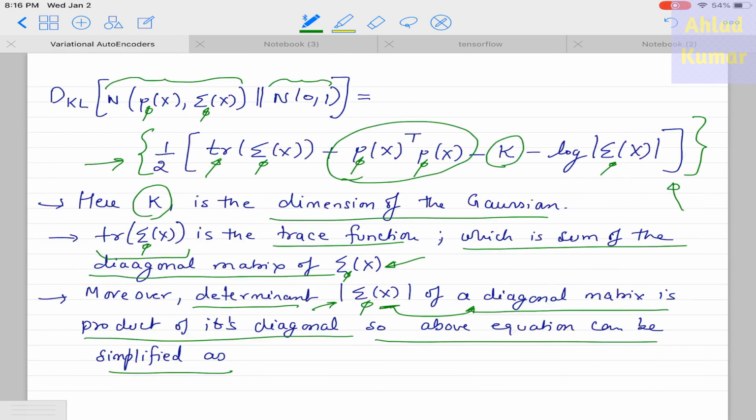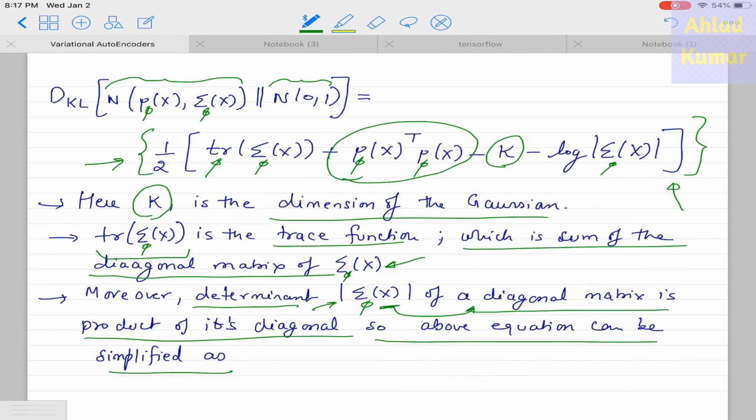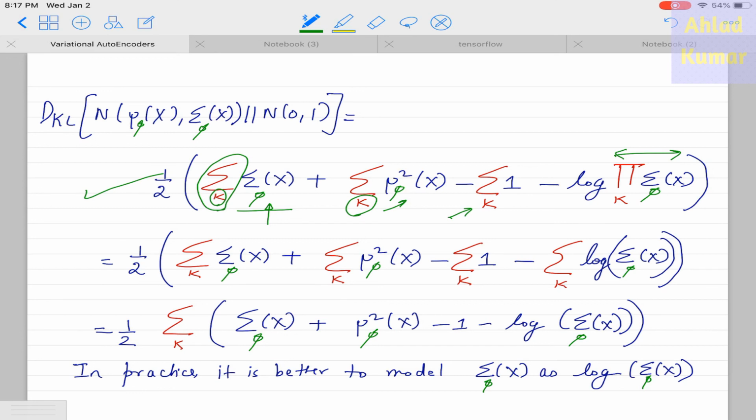This is k, so we can replace it by this expression, and we know that for a diagonal matrix the determinant is the product of its diagonal elements, so we will replace this determinant by this. So these are the diagonal elements of the sigma matrix with product in between. The pi is basically the product of all the k elements.